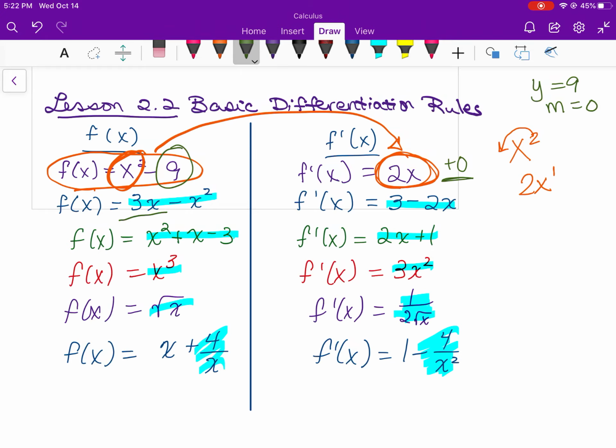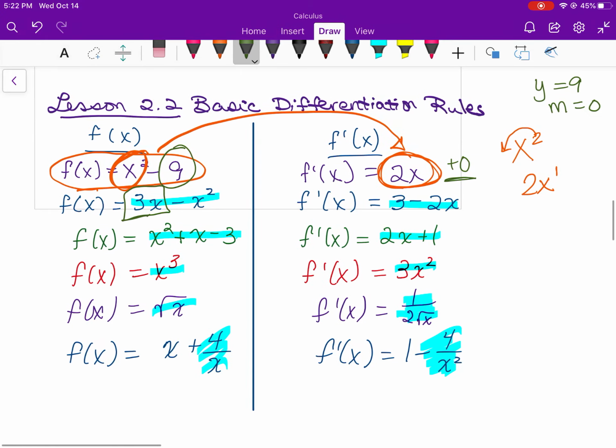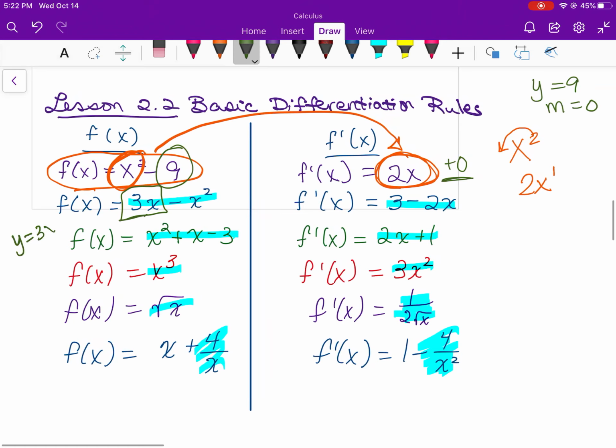So for this piece, if I look at that as just y equals 3x, the slope of that line is 3. And for the negative x squared, bring your 2 down in front, drop your exponent by 1. And so they went through the motions, and that seemed to work pretty good on this one. Bring the 2 down, drop it by 1.